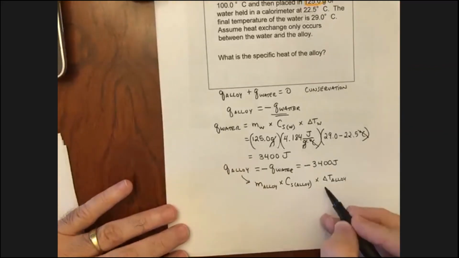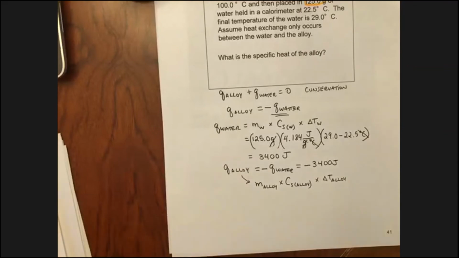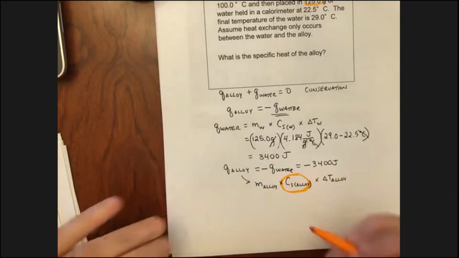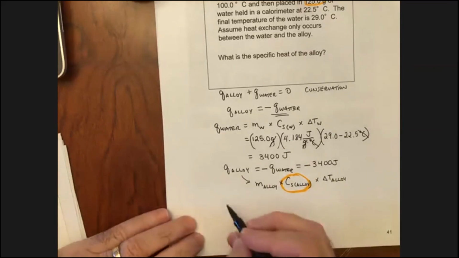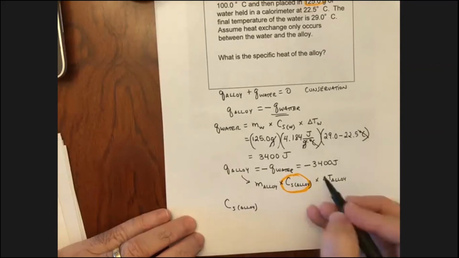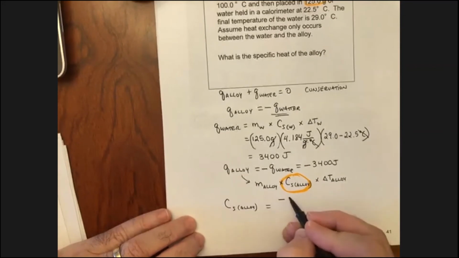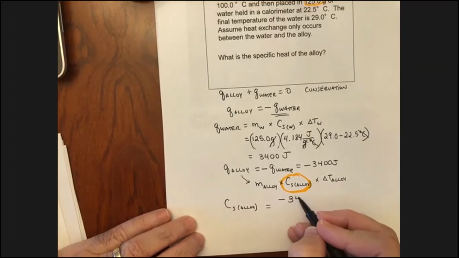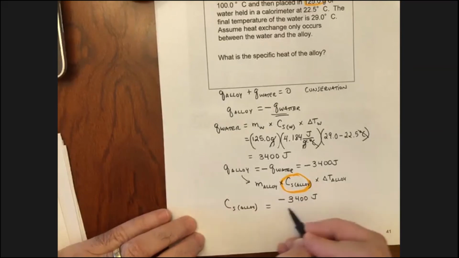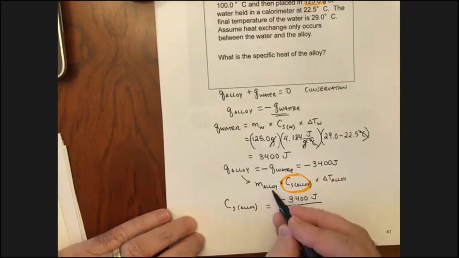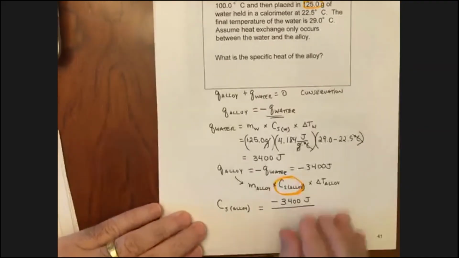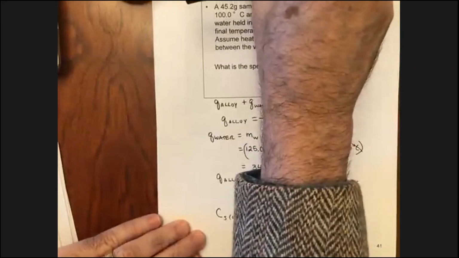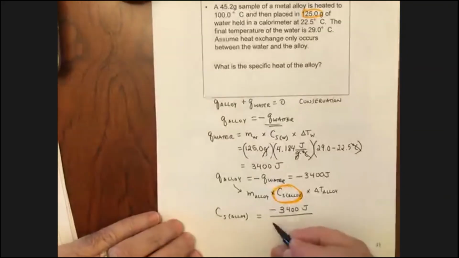So what we're going to do is solve for our unknown, which is the specific heat of the alloy. So let's see what that would be. Specific heat of the alloy would be minus 3,400 joules divided by the mass of the alloy, which was given to us as 45.2 grams.